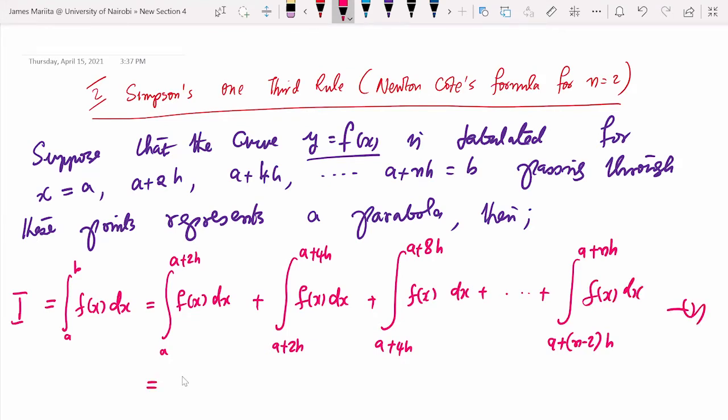So let's write this as I1 plus I2 plus I3 plus so on plus In.